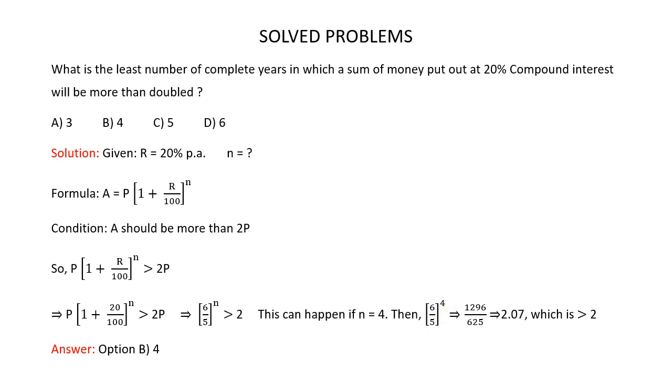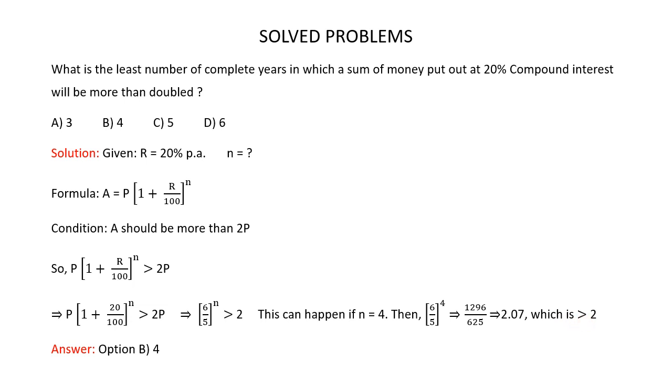Now 6 raised to the power 4 is 1296. 5 raised to the power 4 is 625. 1296 divided by 625 is nothing but 2.07, which is definitely greater than 2.